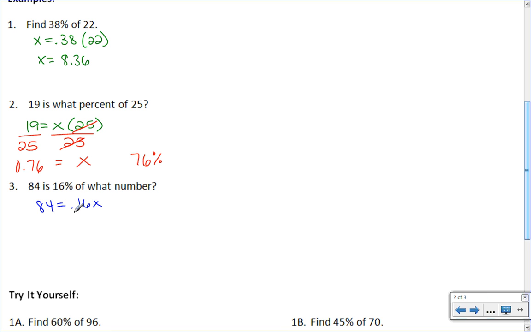Okay. And now to solve this for x, we'll divide both sides by 0.16. And we get that x is equal to 525.